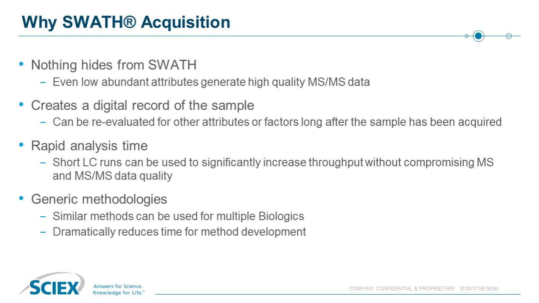It also allows you to decrease analysis time, as I will show in my example when I compare a 25-minute LC run to an 80-minute LC run, and I can still maintain the data quality of the TOF-MS and the MSMS data. And finally, it also allows for generic methods to be used for multiple biologics, which reduces the amount of time required for method development.